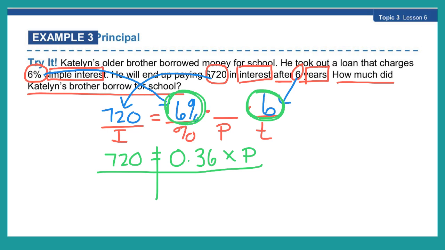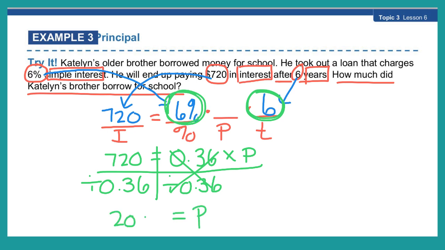My numbers are divided by the equal sign, so we're going to divide to solve my answer. The opposite of multiplying by 0.36 is dividing by 0.36. And when you take a calculator and you take 720 divided by 0.36, you will get a principal of $2,000.